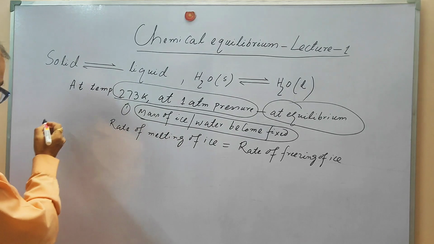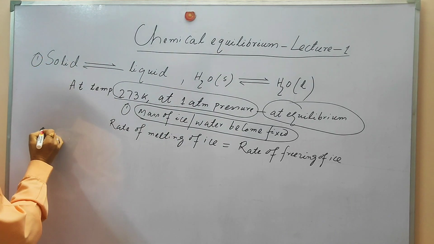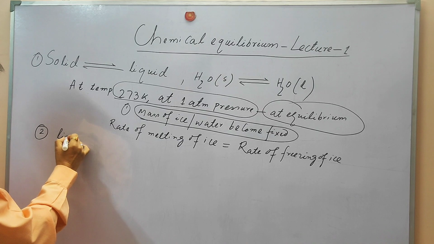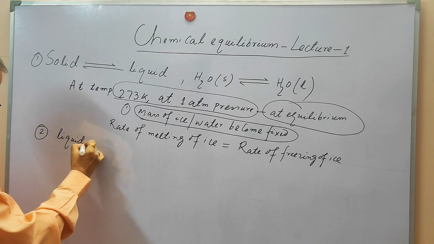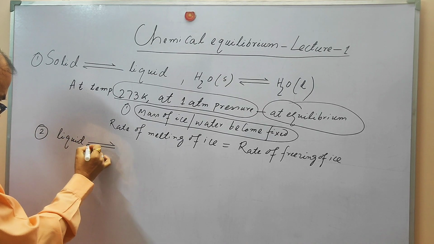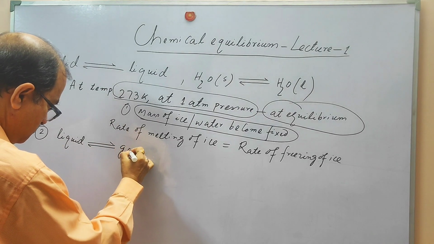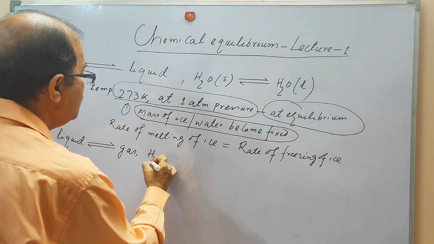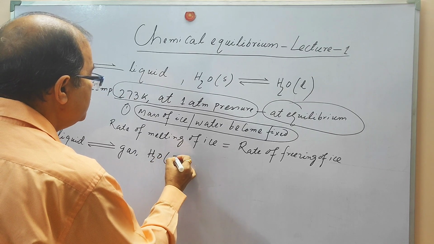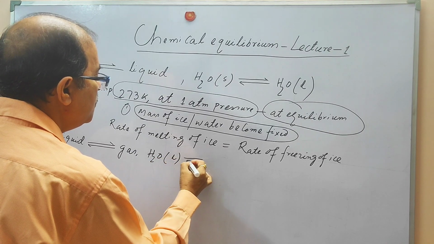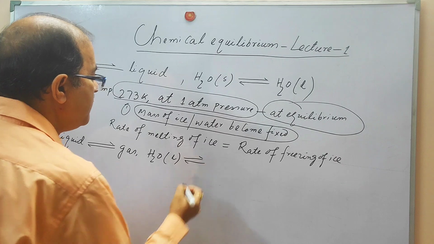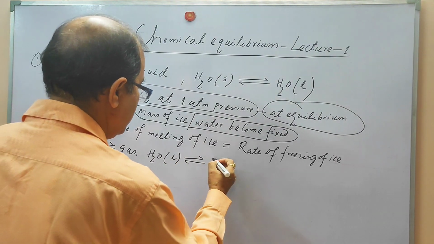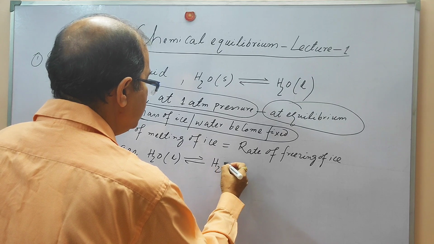Similarly, we can have another phase transformation, that is liquid to vapor. A very simple example we want to quote is liquid H2O kept in a container which is closed.